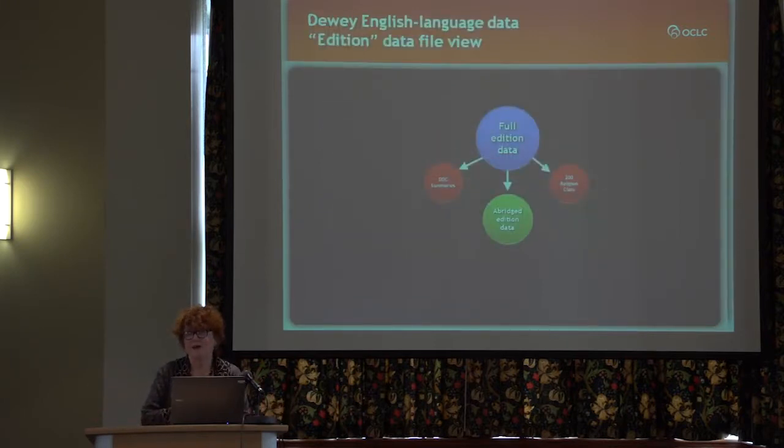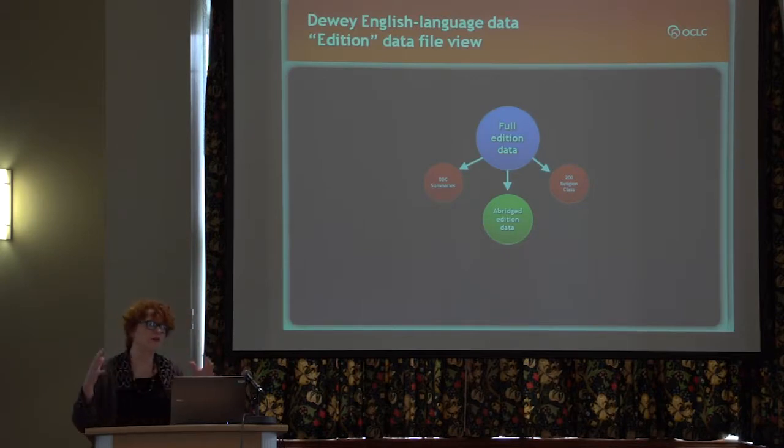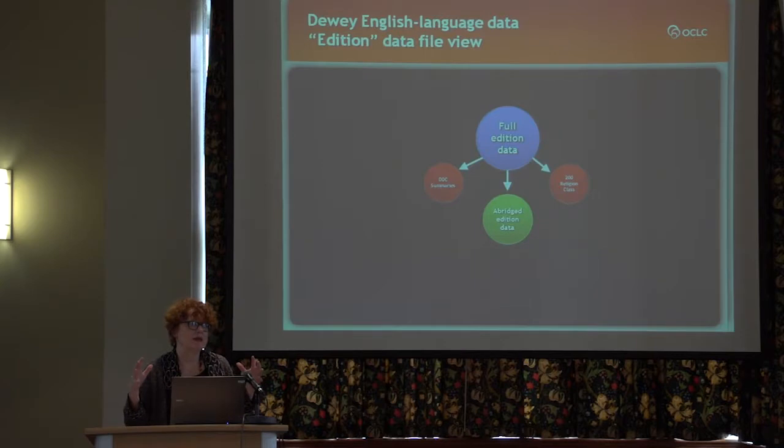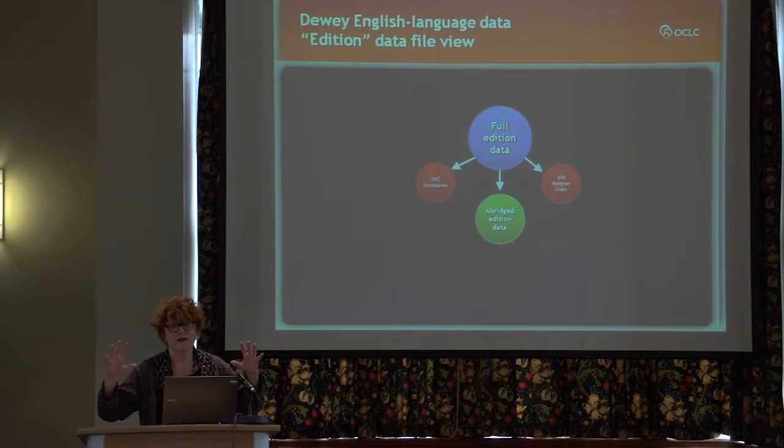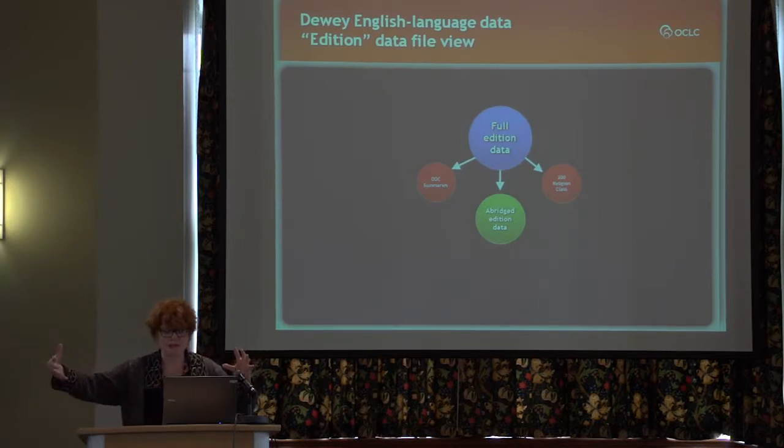So I'll start out by describing our data by the way we look at it right now, which is we look at our data in the context of a full edition database. And from that full edition database, we derive, and most recently we've done this by machine-assisted procedures, an abridged view of that data that ends up being the abridged edition.